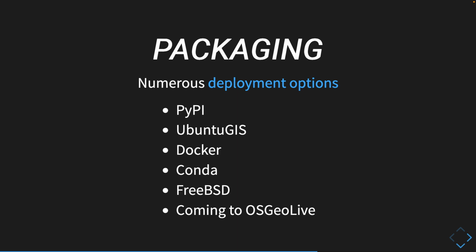We're also available and up-to-date on UbuntuGIS, which powers OSGeo-Live. We have our own Docker images, which are made available through Docker Hub. And we also have the same capabilities to install through Conda, BSD, and so on. So a number of different ways to install and deploy pygeoapi depending on what your deployment design or pattern is.